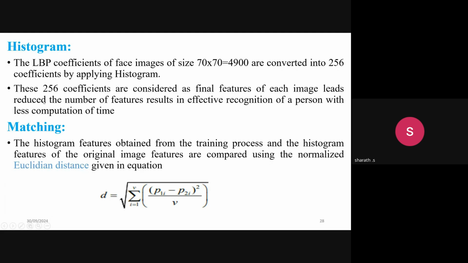That leads to the reduction of the number of features in effective recognition of a person, where less computation time is also needed. Basically, the image is represented from 0 to 255. Out of this 4900, we do the histogram and reduce it to 256 coefficients. Later on, the matching is done using the Euclidean distance formula given as below.